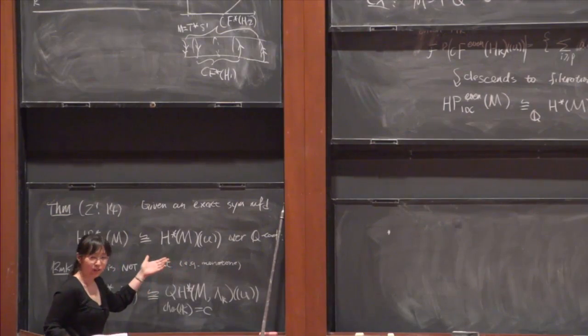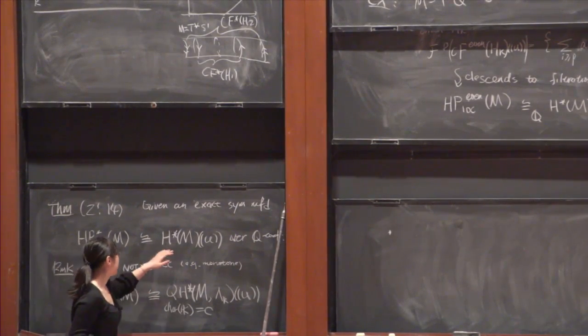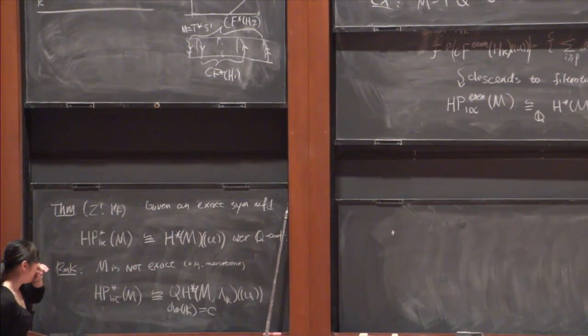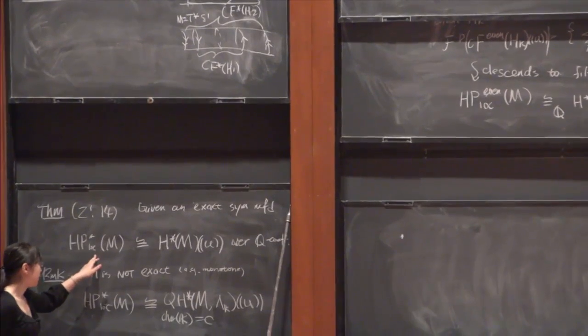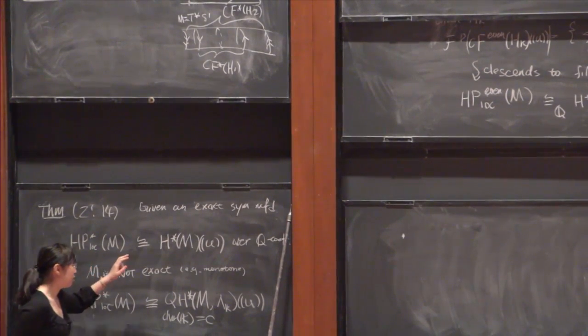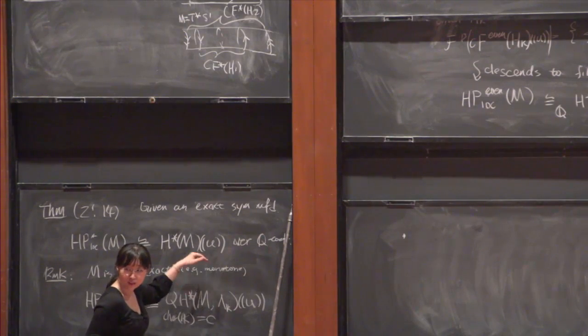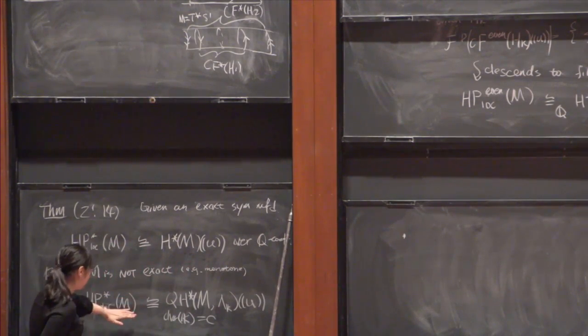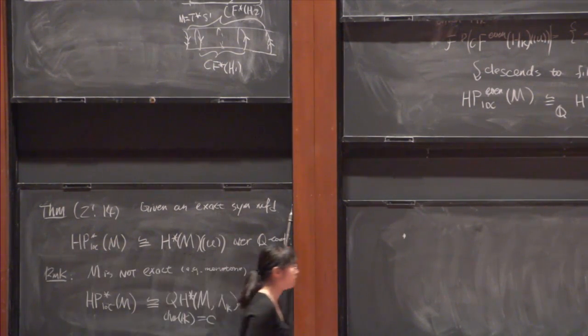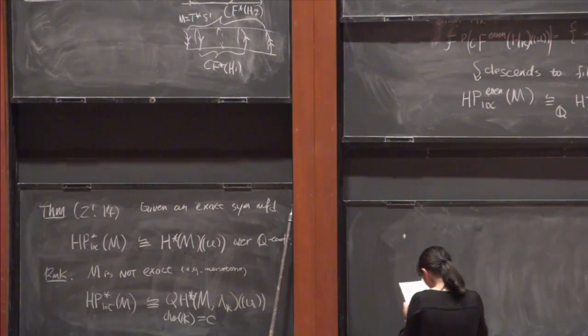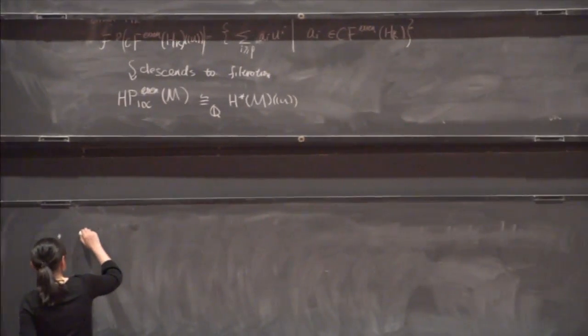So you can ask, if I give you some S^1-equivariant class, what kind of cohomology class you will get on the other side. Okay, similarly true here. So maybe I'll just briefly mention that.